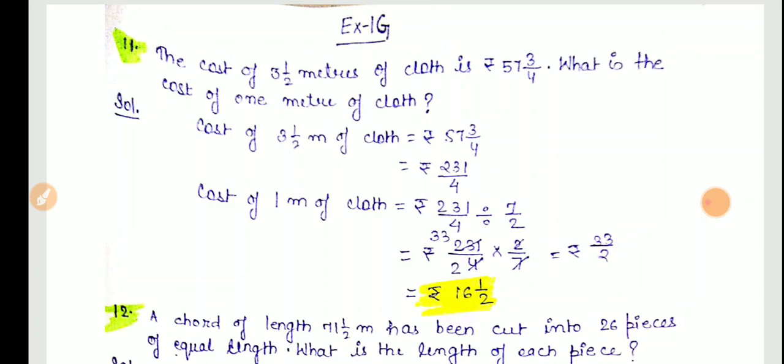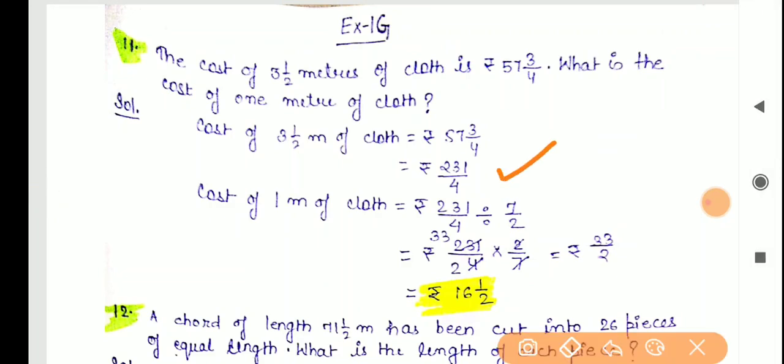So the cost of 3 complete 1 by 2 meters of cloth is equal to rupees 57 complete 3 by 4, that is rupees 231 by 4. Next, the cost of 1 meter of cloth is equal to, we will divide by the quantity given. So 231 by 4 is the cost of 3 complete 1 by 2 meters, so we have to divide by 7 by 2.